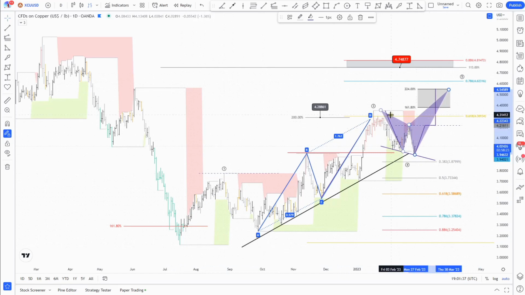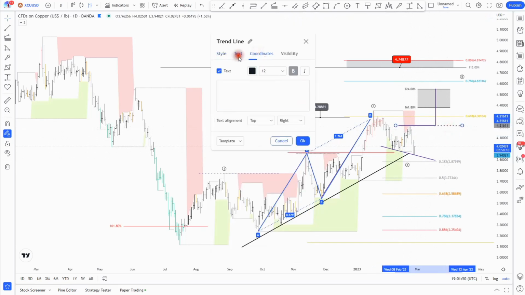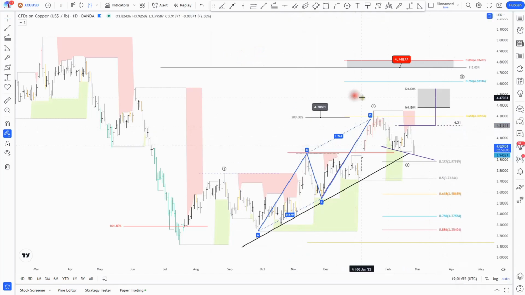So I think we are now facing these multiple elements of support for copper. I will pay particular attention if the price breaks above 4.21.